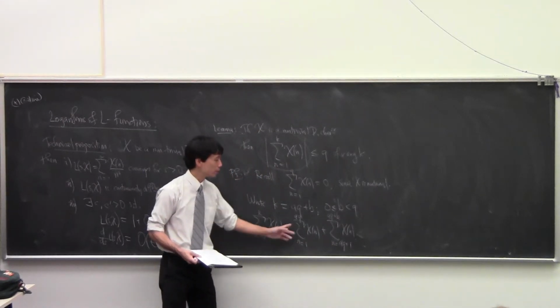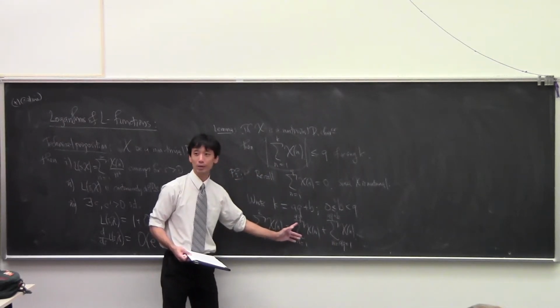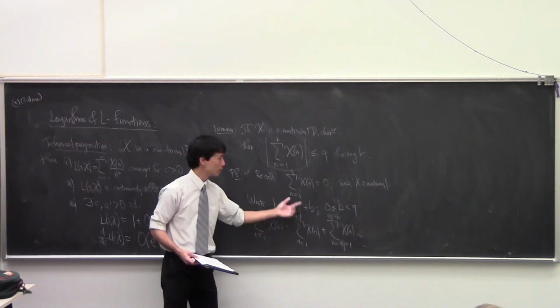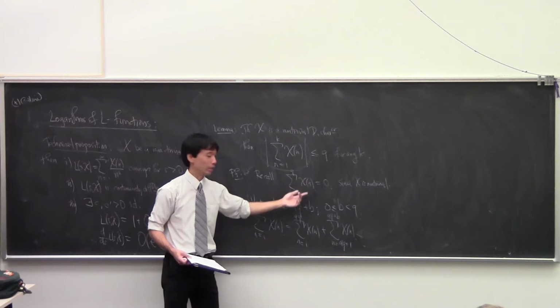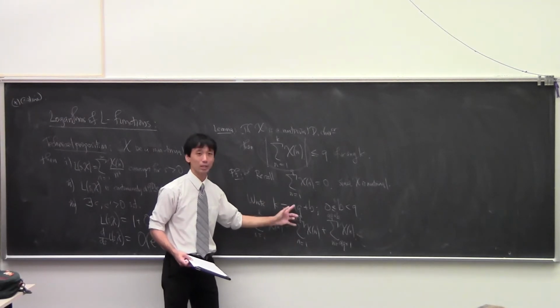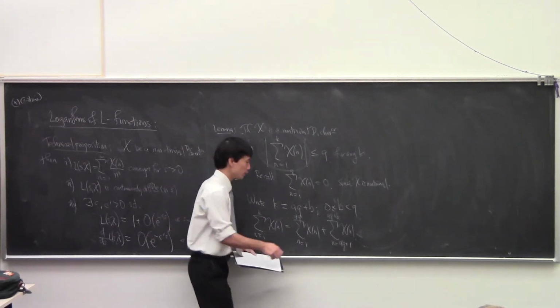And the sum over these guys is 0, because this thing is periodic, and we're going from 1 to q a times. So this is 0.